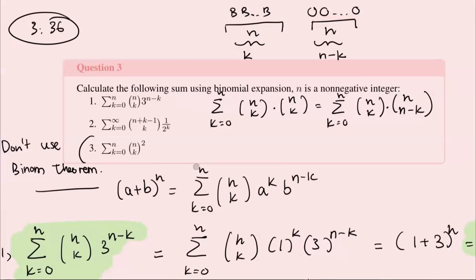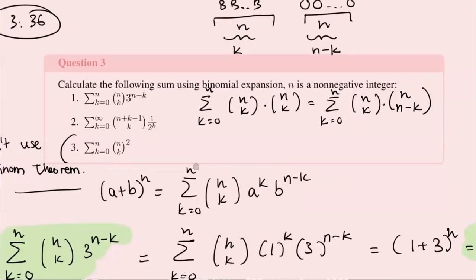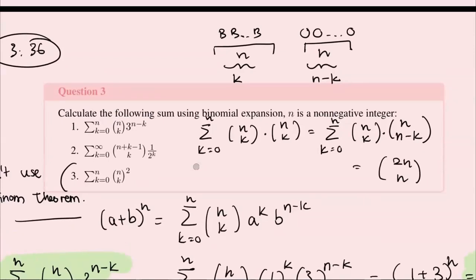Then it is the same process as out of 2n cats, I choose n cats in general. Because I have n black cats and n orange cats. If I choose k cats from here and n minus k cats from here, then in total, I chose k plus n minus k, which is n cats out of a total of 2n cats that I got.